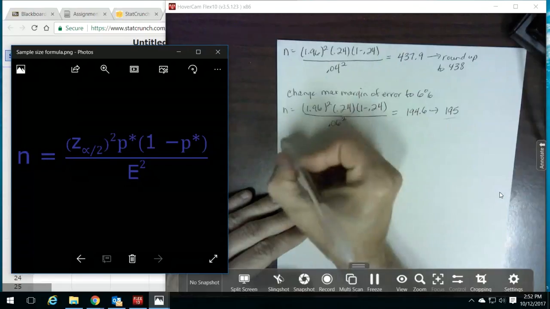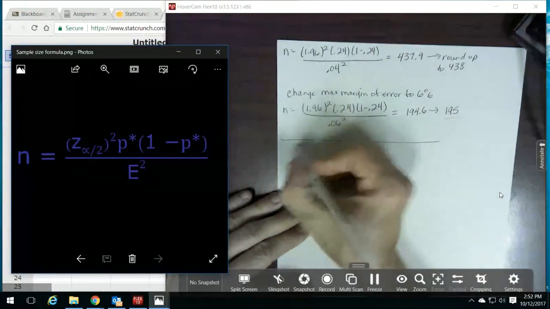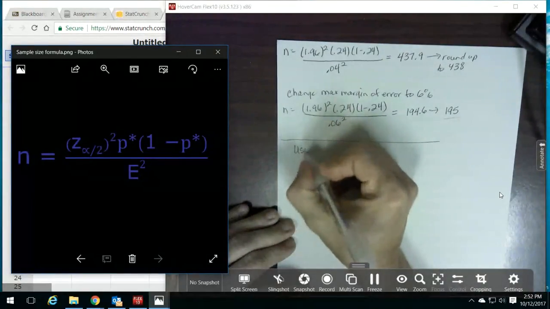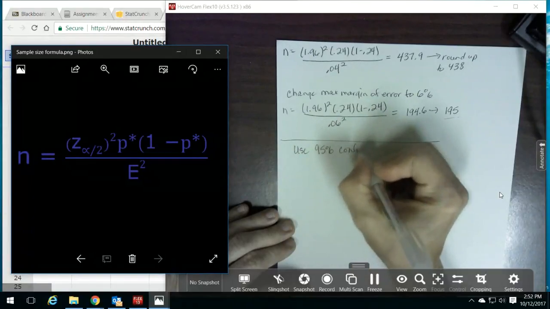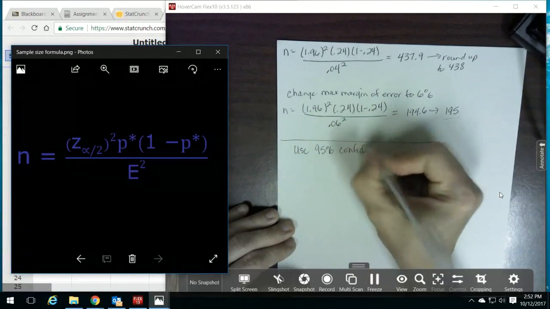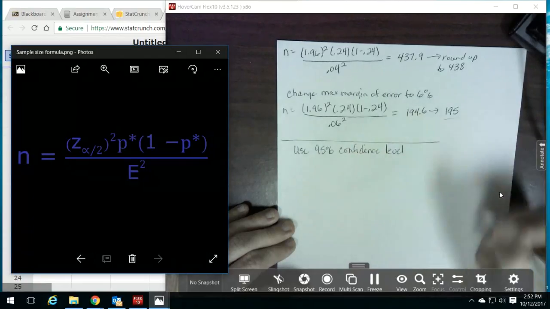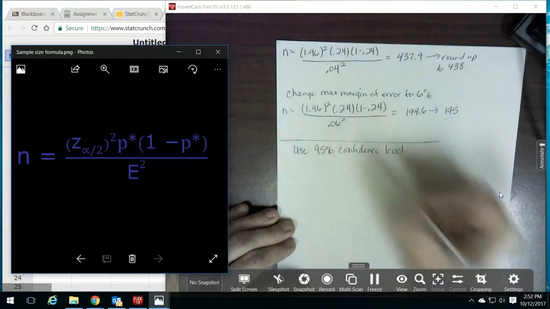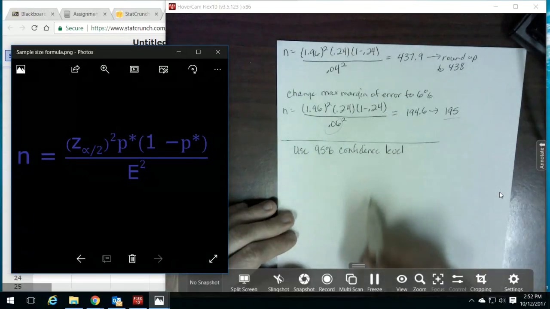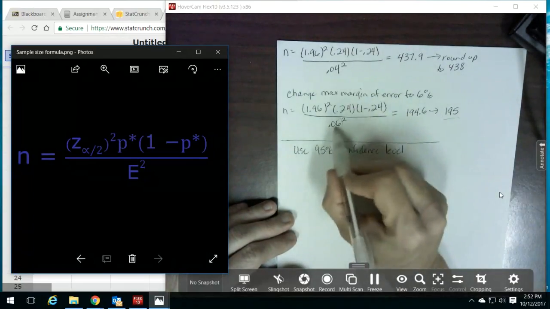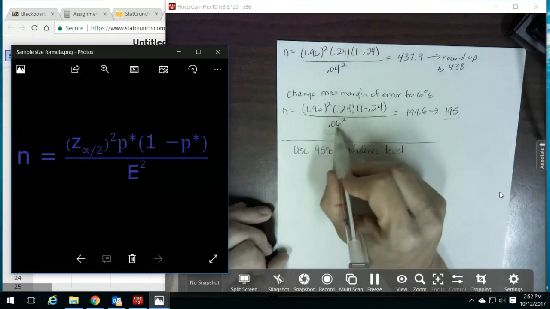So for this example, I'm going to use a 95% confidence level. And what I chose for my maximum margin of error, I'm not actually going to use in my calculations for my confidence interval, but I should know that when I come out with my confidence intervals, that should be the biggest possible margin of error I would get.